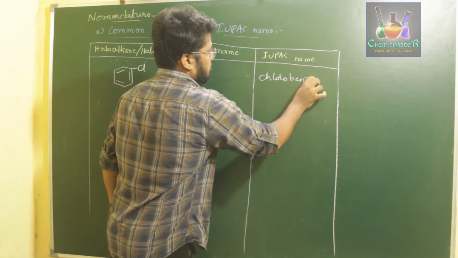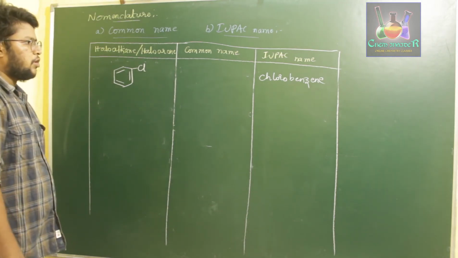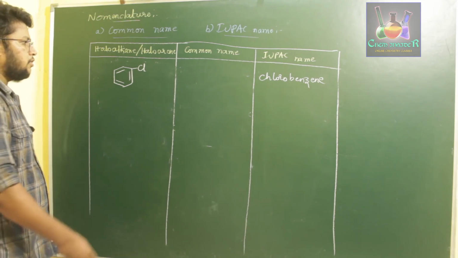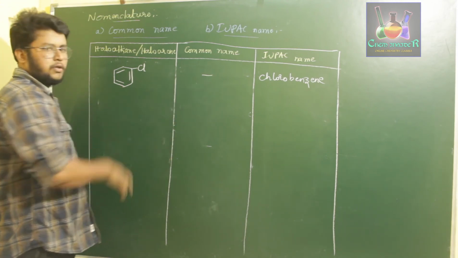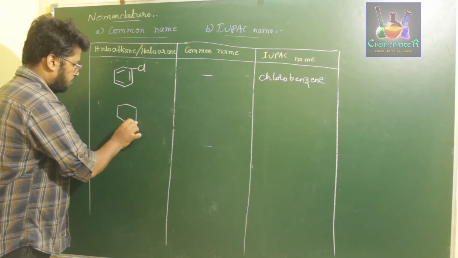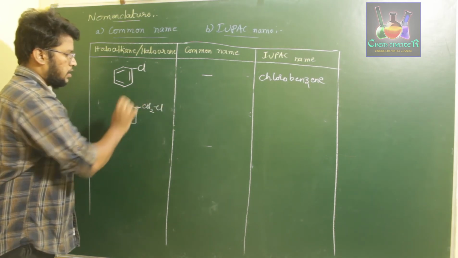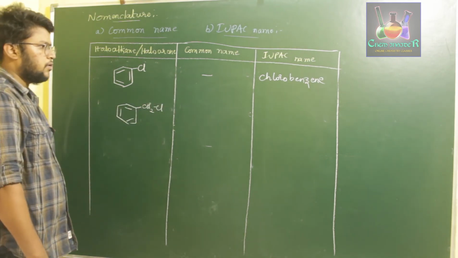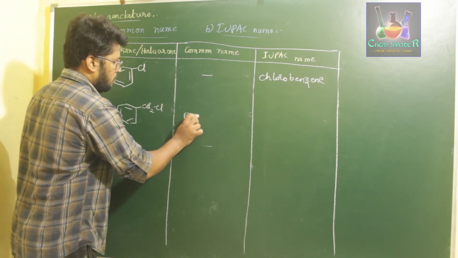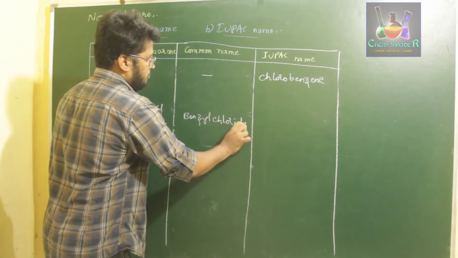For the common name we can use phenyl chloride or benzyl chloride, it doesn't matter. And we usually don't use common names for our benzyl groups. Okay. Next, if we have CH2Cl on the ring, this type of compound we call benzyl chloride.